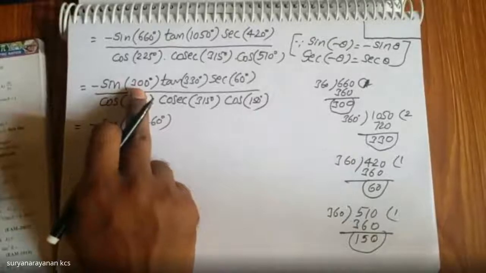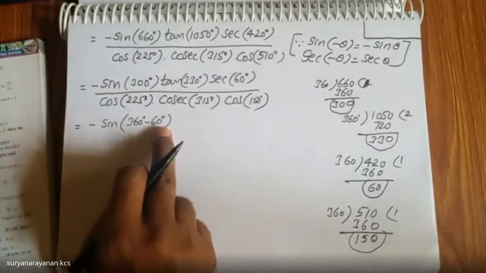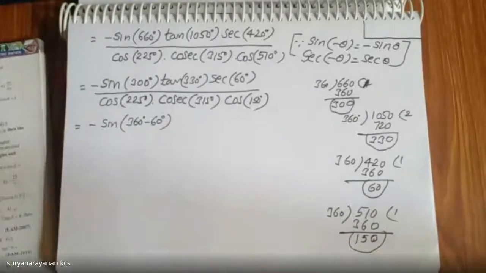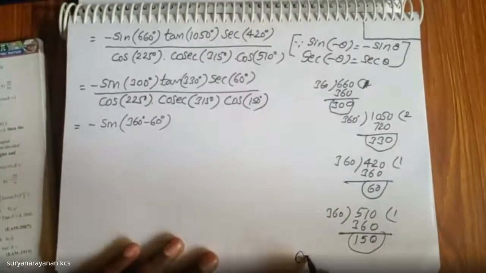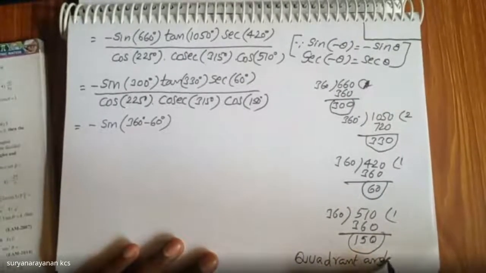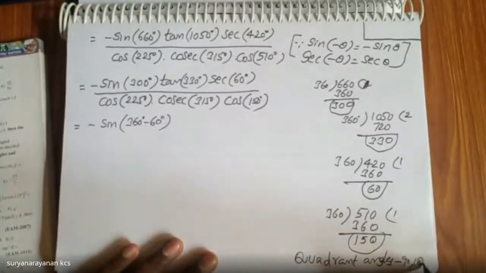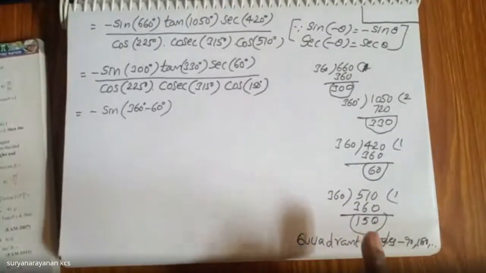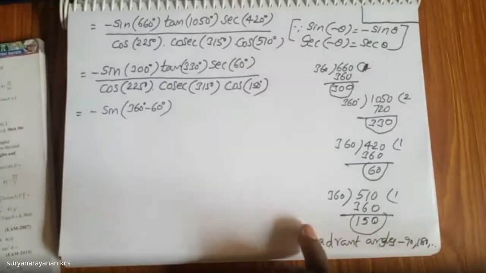We wrote 360 degrees minus 60 because you know that 0 degrees, 90 degrees, 180 degrees, 270 degrees, 360 degrees, and so on are all said to be quadrant angles.